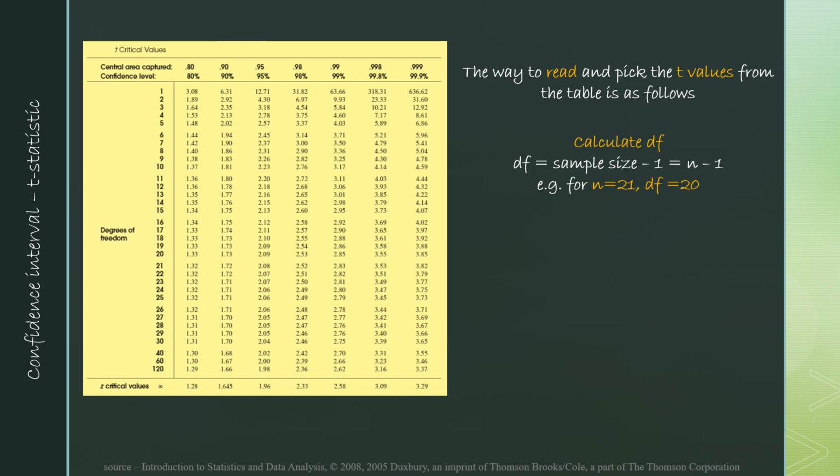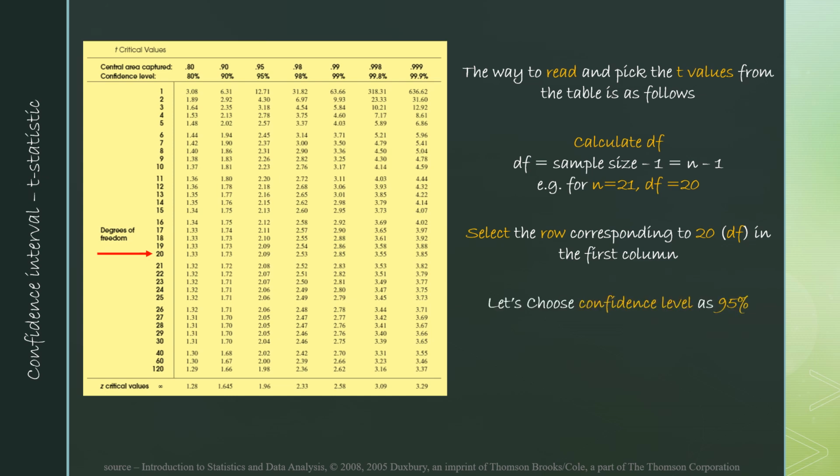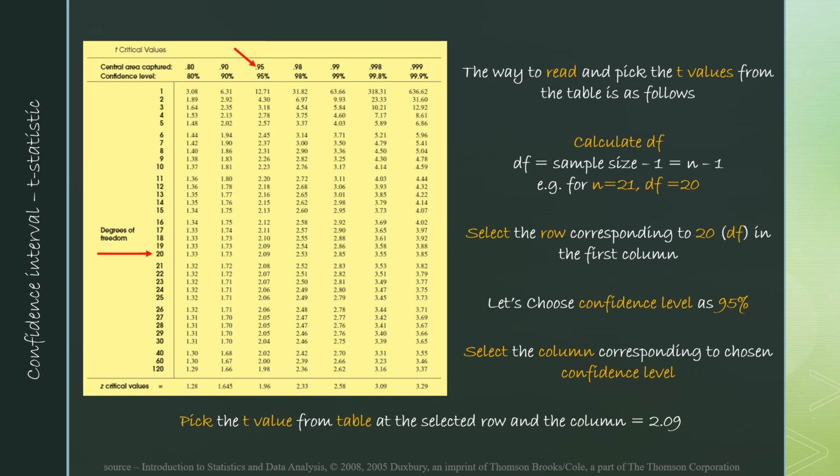Example, for n equals 21, df equals 20. Select the row corresponding to 20 in the first column. Let's choose the confidence level as 95%. Select the column corresponding to the chosen confidence level. Pick the t value from the table at the selected row and the column, which equals 2.09 in this case.